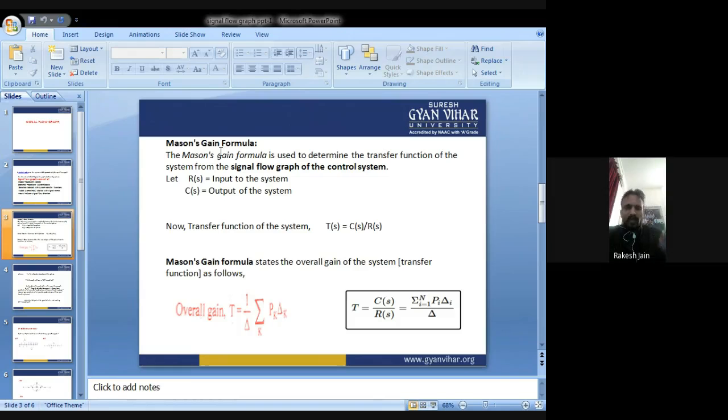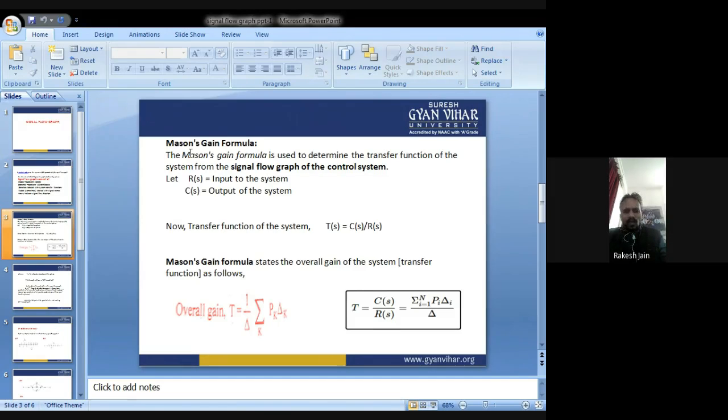One more example, let's suppose there are three forward paths, then the transfer function will be C(s) upon R(s) is equal to T1 delta 1 plus T2 delta 2 plus T3 delta 3 upon delta. Okay. So once you know the value of k in step number one, in step number two you have to write down the converted formula as per the value of k.